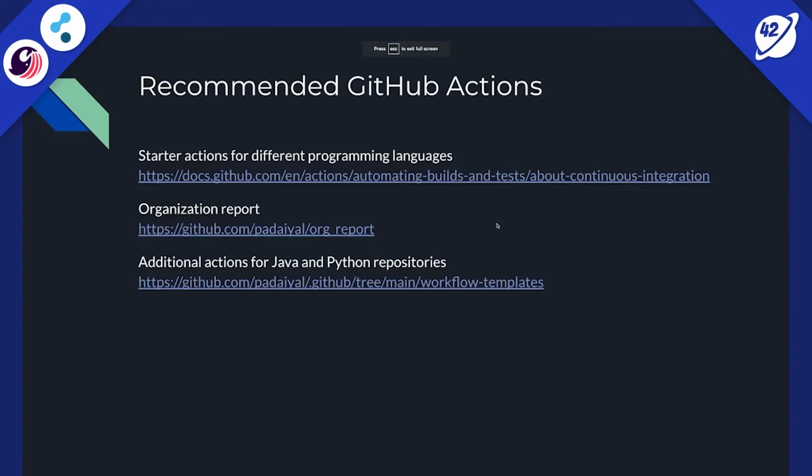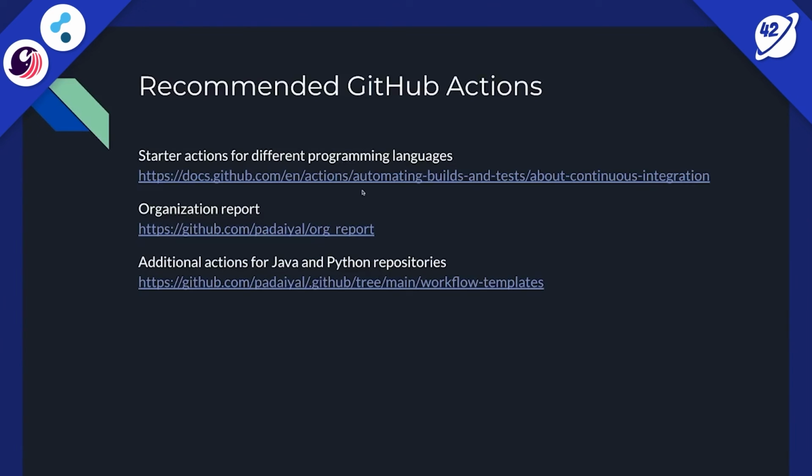So, as a follow-up set of links, I have specified 3 links that you could use to not only set up GitHub Actions for your repositories, but also maybe look into using it from many other programming languages such as Go, JavaScript, and so on.